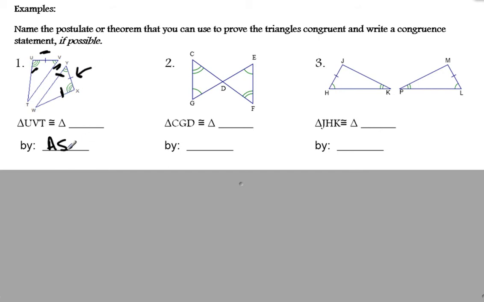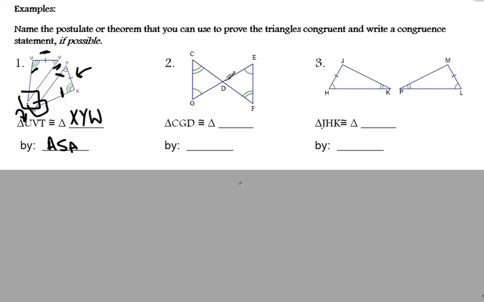So we do have the angle-side-angle postulate, and then our congruency statement. U has 1, 2, 3 arcs, so that matches up with X. V has 1, 2 arcs, so that matches up with Y. And T has no arcs, so that matches up with W.